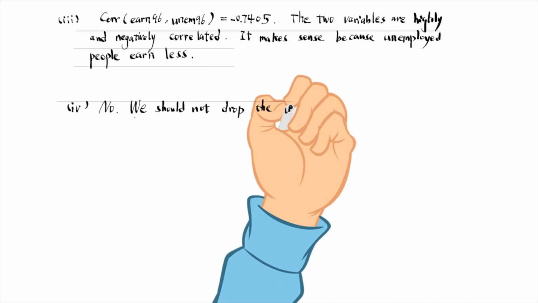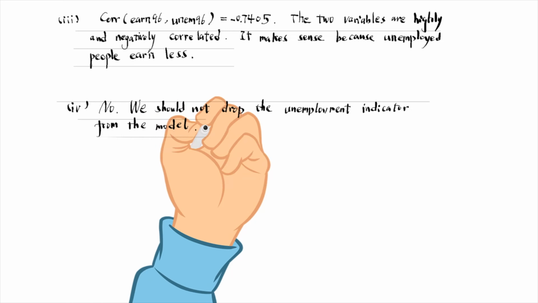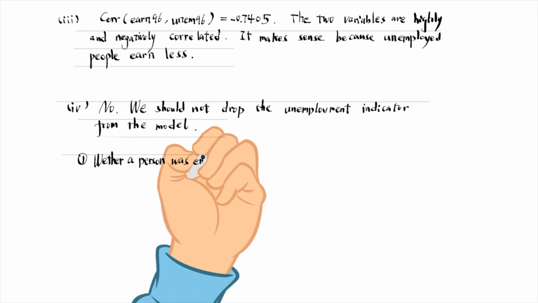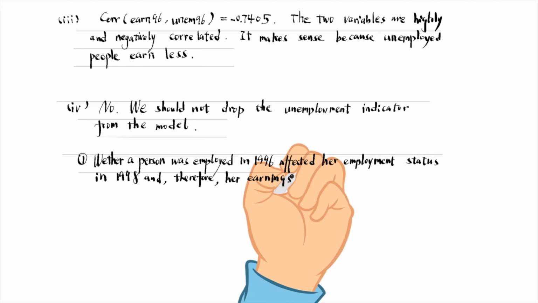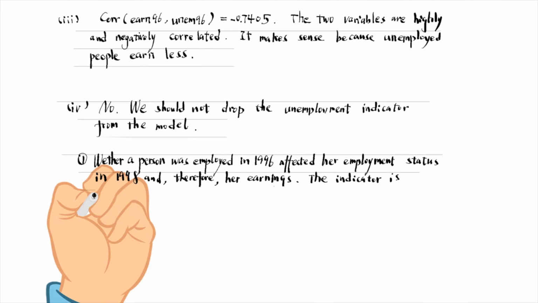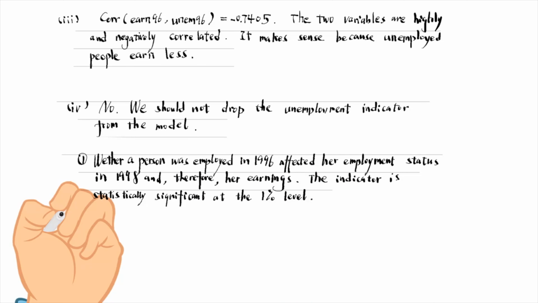First, from economic theory or common sense, whether a person was employed in 1996 affected her employment status in 1998 and therefore her earnings. The variable is statistically significant at the 1% level.